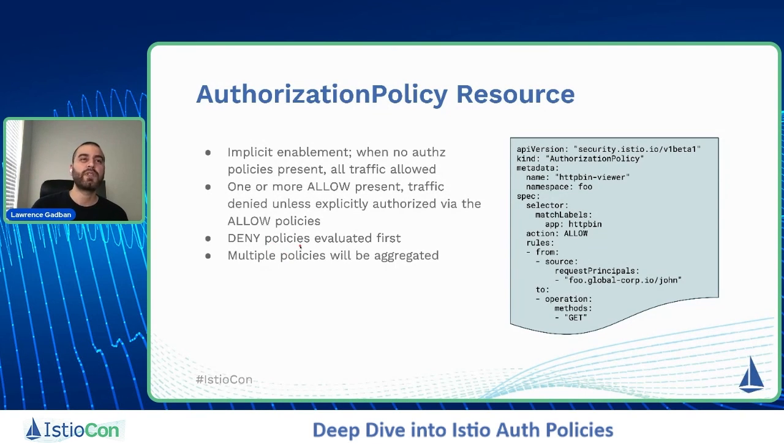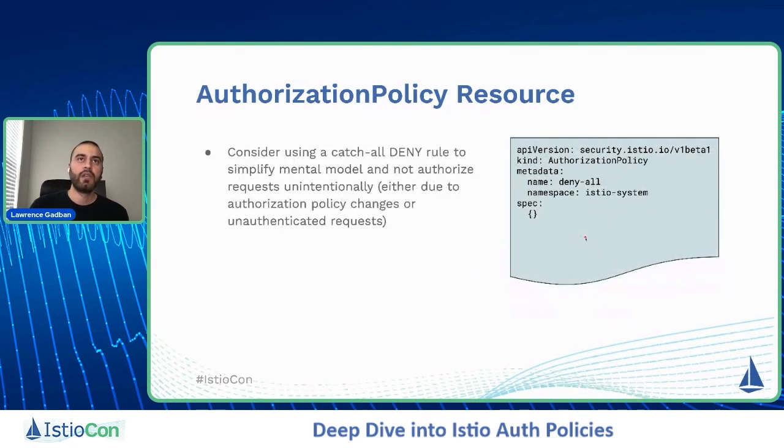Deny policies are evaluated first, meaning if you have a rule that matches for an allow, and a similar rule that matches for deny, regardless of the allow rule, it will be denied. And multiple policies will be aggregated, meaning you don't have to define all of them in a single policy. You can have more than one of them.